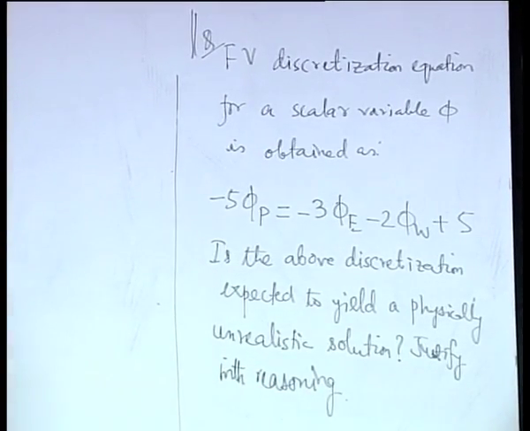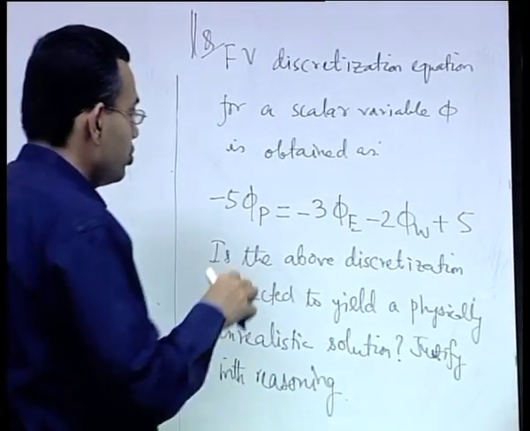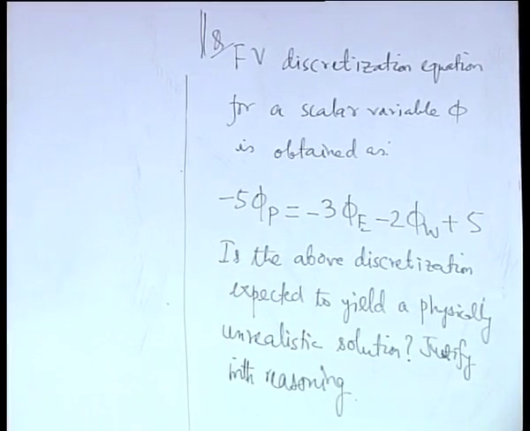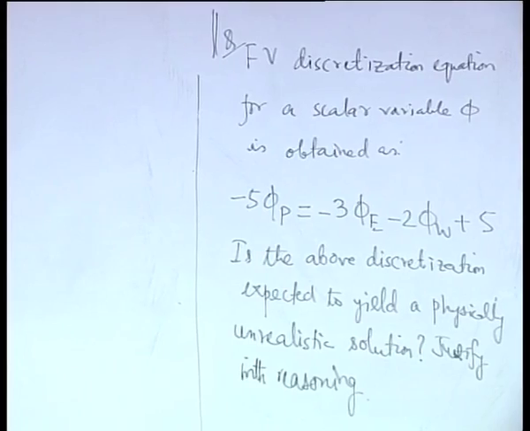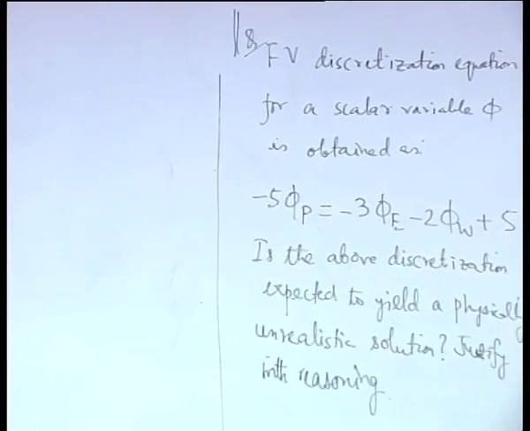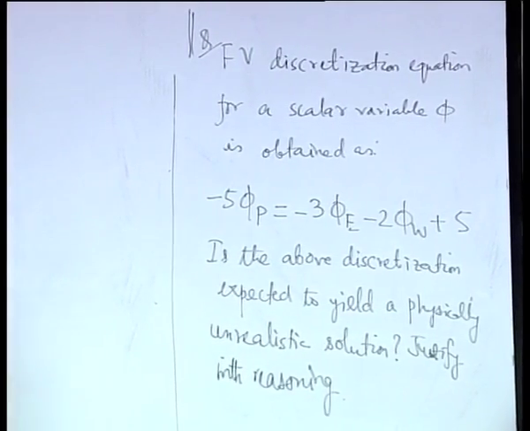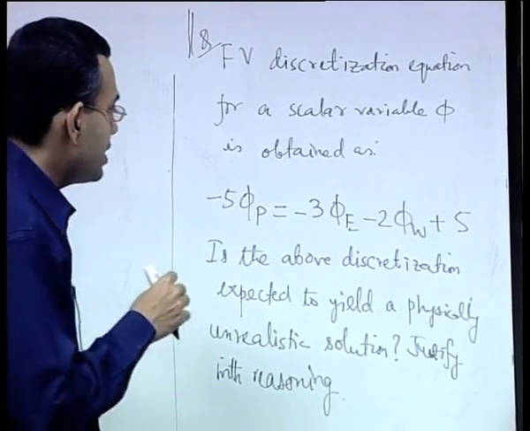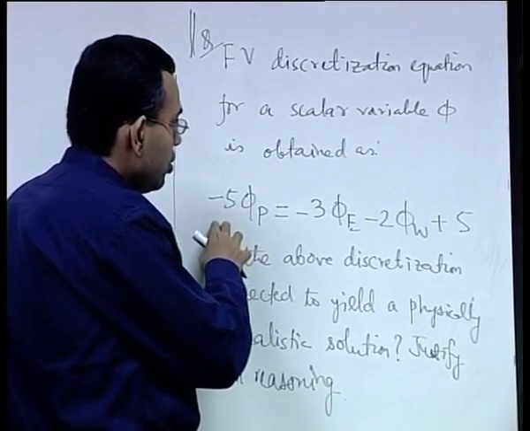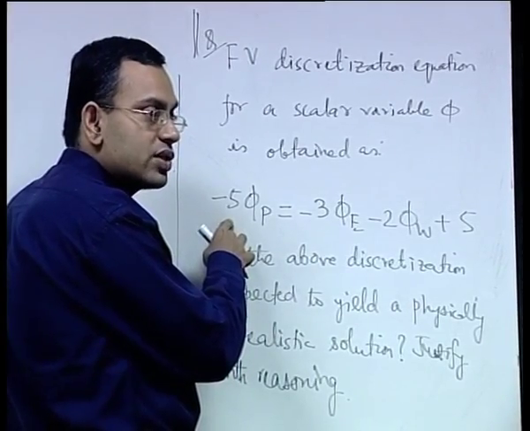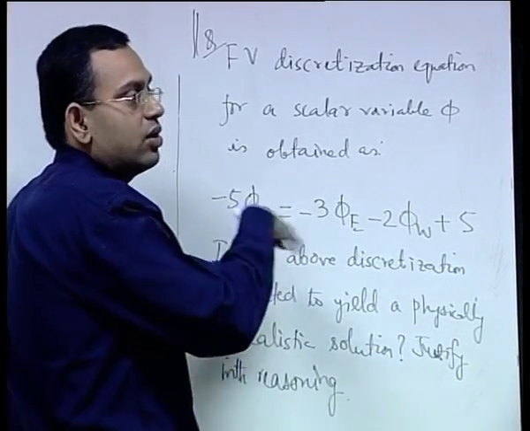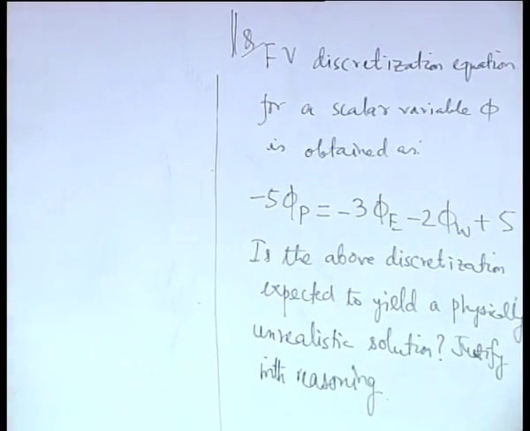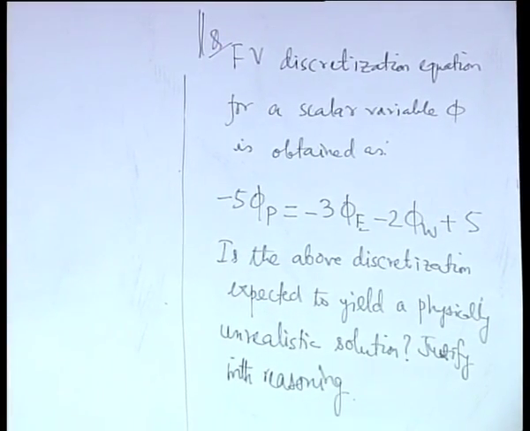Now, to assess whether it is expected to yield a physically correct solution or not, we have to consider what are the basic rules that are pertinent to this discretization equation. Out of the basic rules, one of the most important that we can use regardless of the background physical information is that all coefficients must be of the same sign.